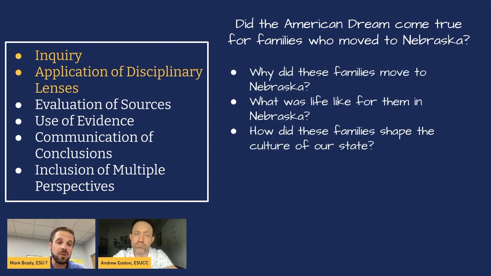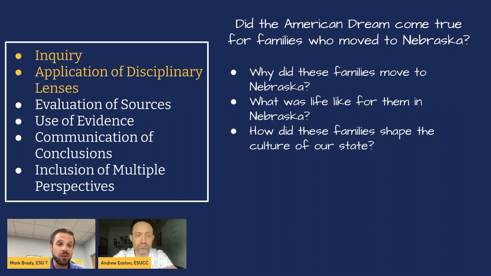Then we want students to be thinking like historians, like geographers, like economists, like political scientists. That's what it means to have students applying disciplinary lenses. Are they thinking like historians? Some of these questions get to that point. An additional question related to our overarching question might be, why did these families move to Nebraska?